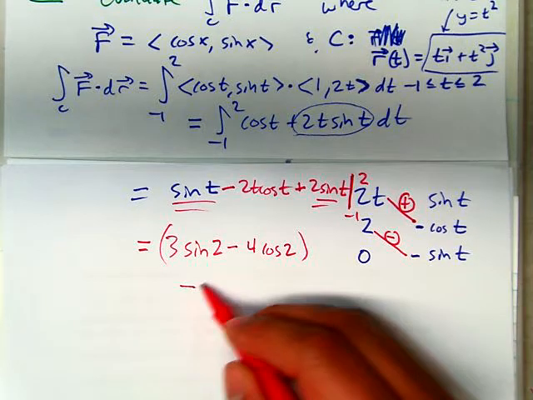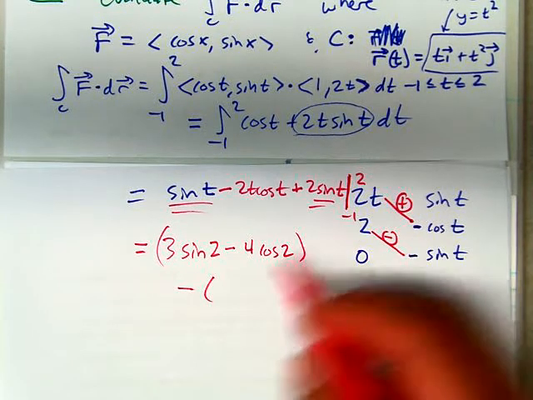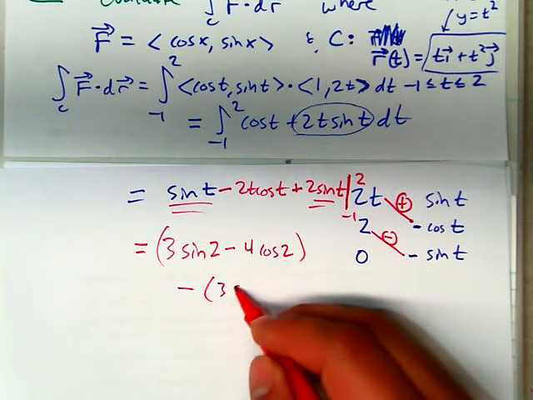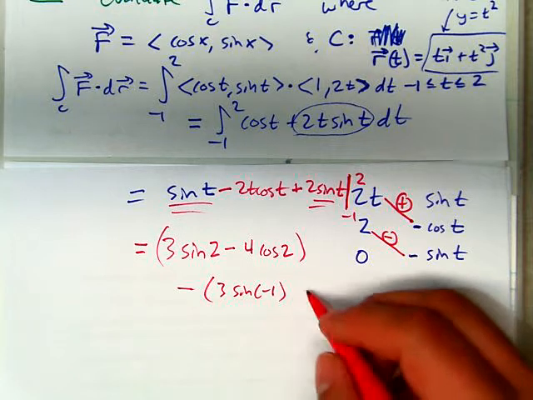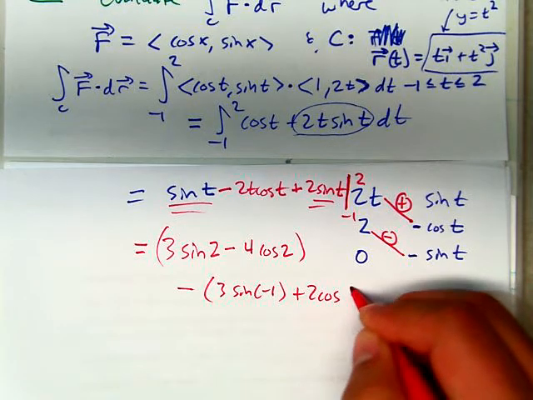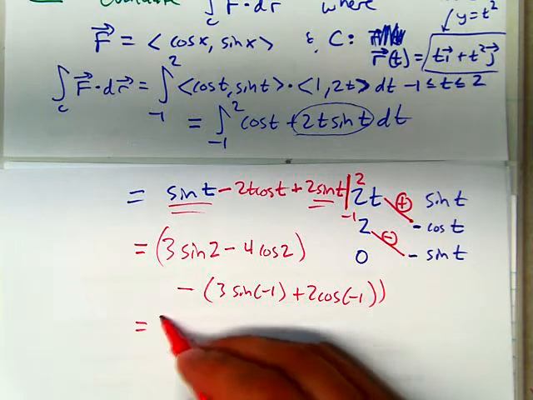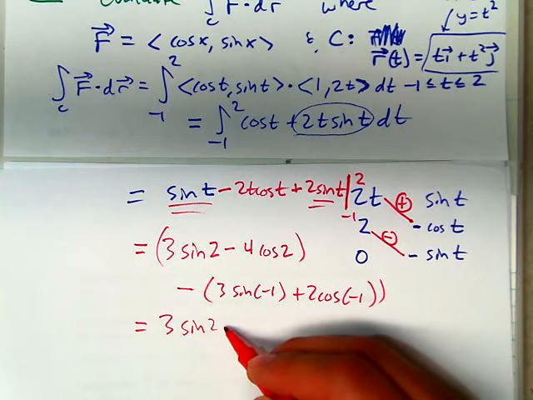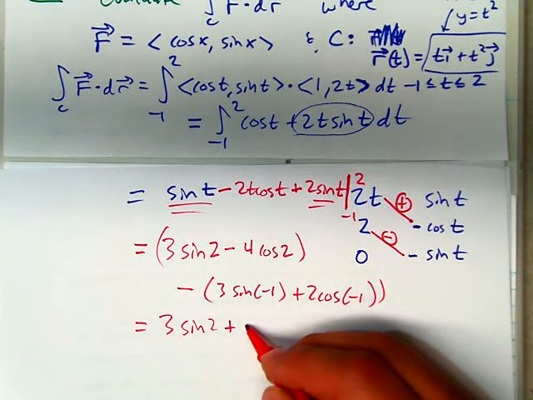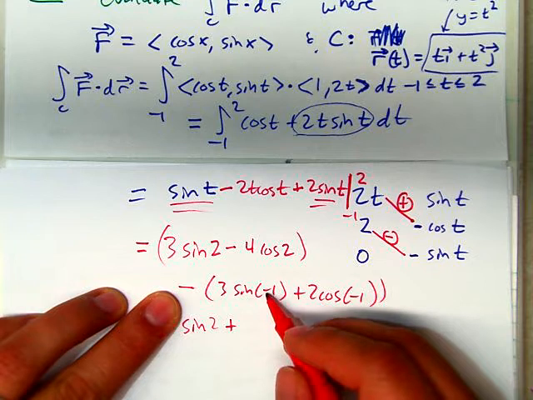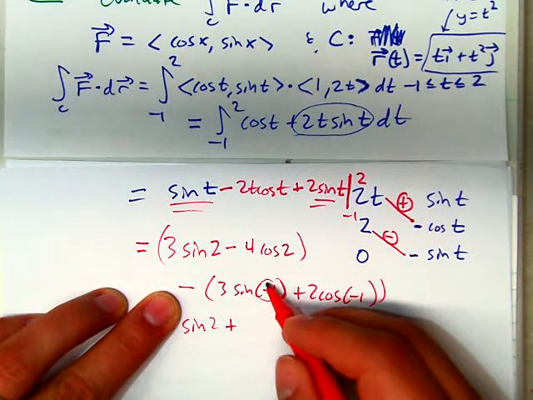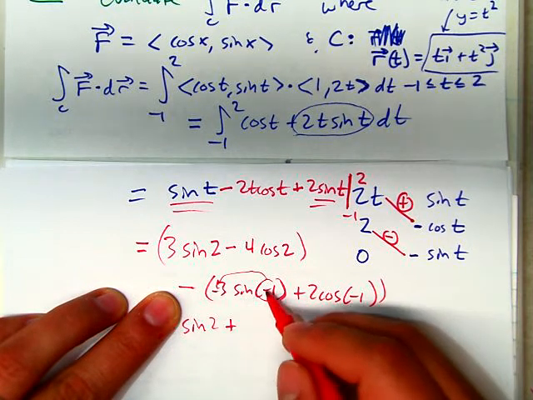And then we subtract, if I plug in -1, 3 sine of -1 plus 2 cosine of -1. Using the opposite angle identity, a negative angle with sine, you can pull a negative out, make this positive.